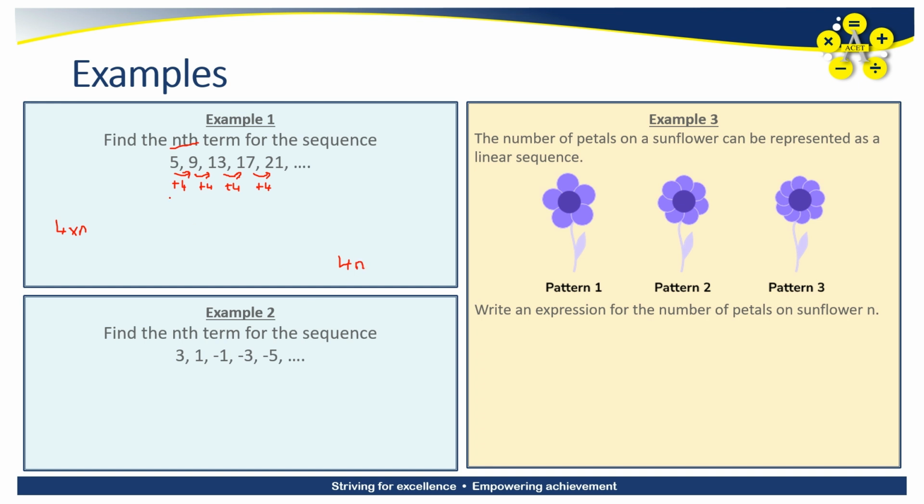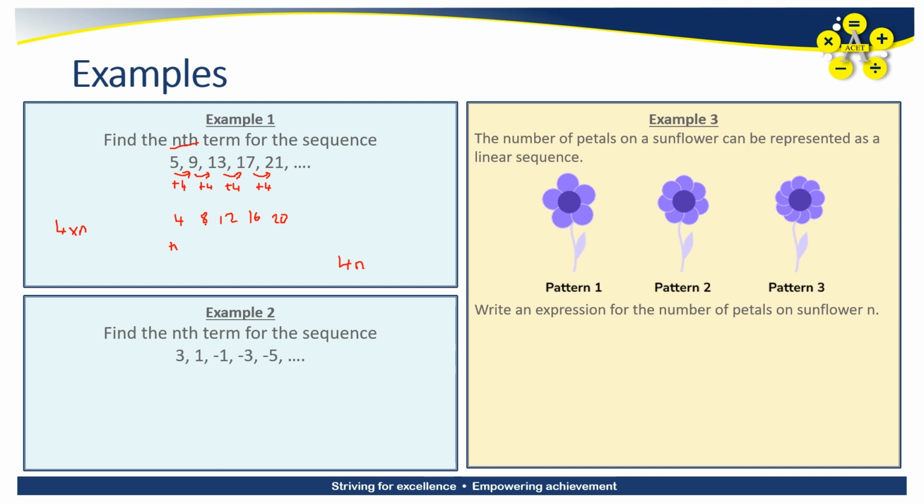Now obviously this isn't the 4 times table, because we know the 4 times table is 4, 8, 12, 16, 20. And we don't want that. We want 5, 9, 13, 17, 21. So we're asking ourselves the question, how has this times table shifted? How have we gone from 4, 8, 12, 16 to 5, 9, 13, 17? Well, to get from 4 to 5, I need to add 1.